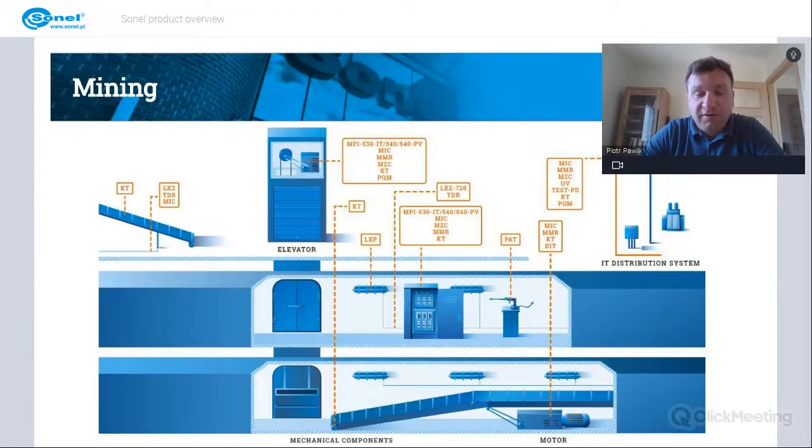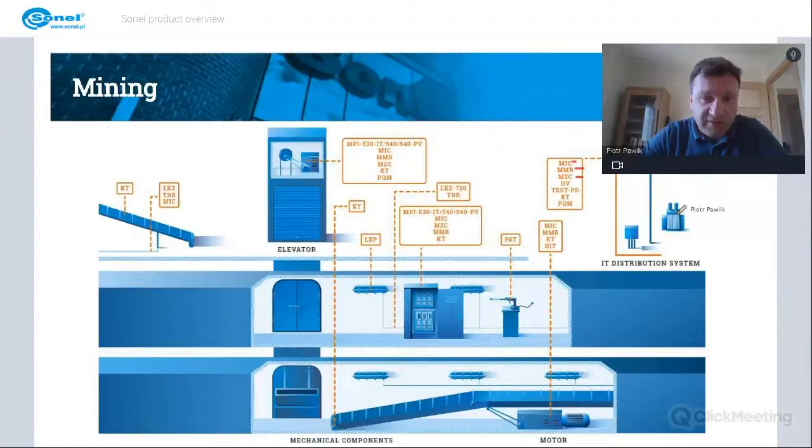Here, of course, we can also measure such transformers. We will need to check insulation resistance with MIC series meters, continuity with the micrometers, MMR series, and short circuit loop with MZC meters, the short circuit loop impedance meters.